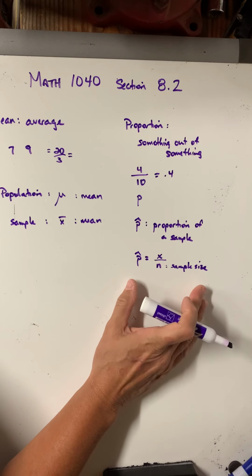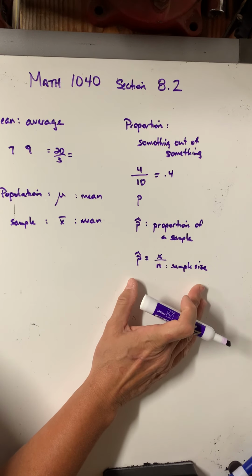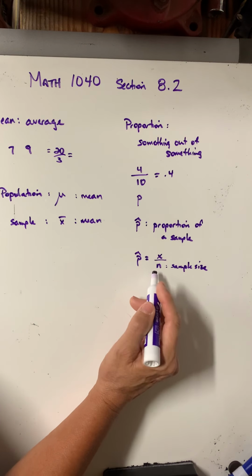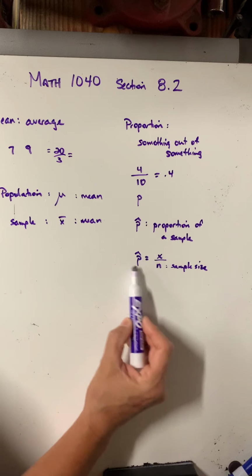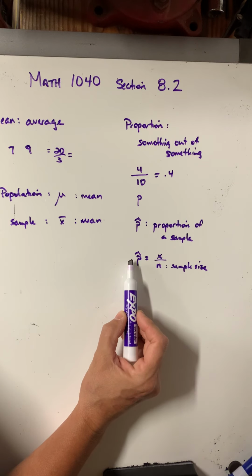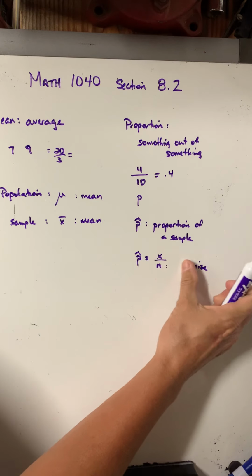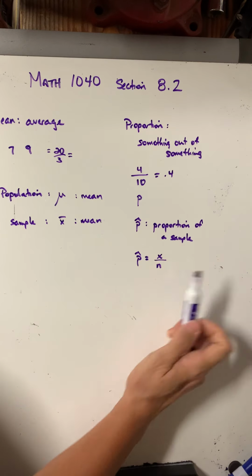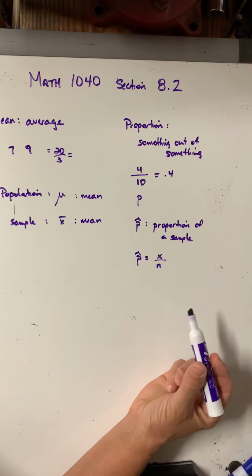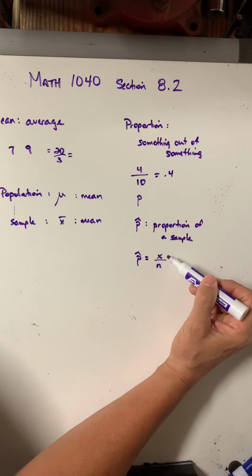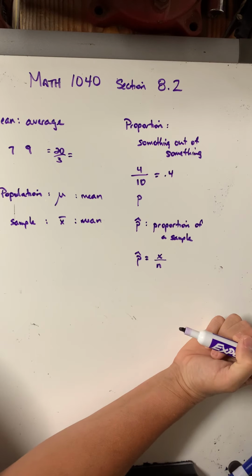You're actually pretty familiar with proportion. 5 out of 6 dentists recommend such and such, right? We talk about proportions all the time, but we don't think about this P hat as denoting the proportion of a sample. And we don't necessarily think about this formula, even though it's very self-explanatory, somewhat intuitive. It's however many have it out of the total, okay?